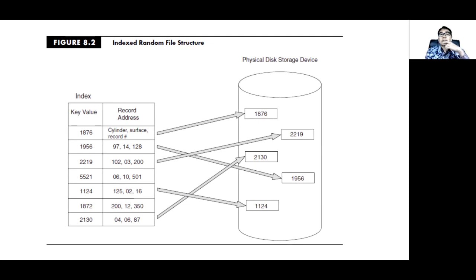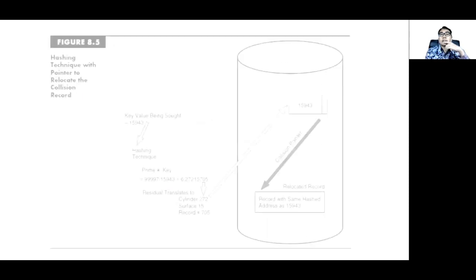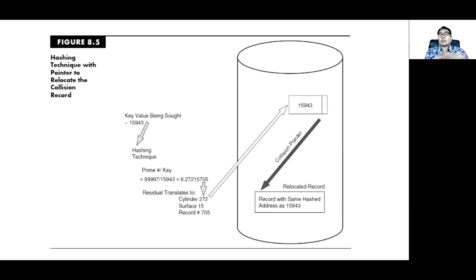Okay. Next is the hash structure. The hash structure is basically using pointers, which will be discussed after this, by a hashing algorithm. For example, we have a key value here that is going to be searched inside the magnetic disk, the data storage.